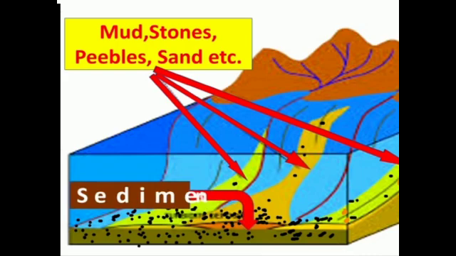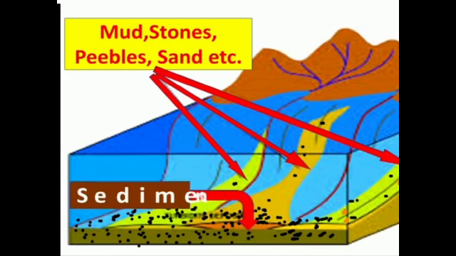Dear students, about 75% of the Earth's land surface is covered by sedimentary rocks, but they make up only 5% of the Earth's crust by volume.